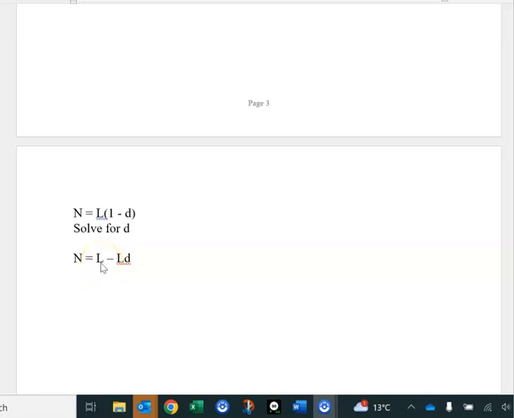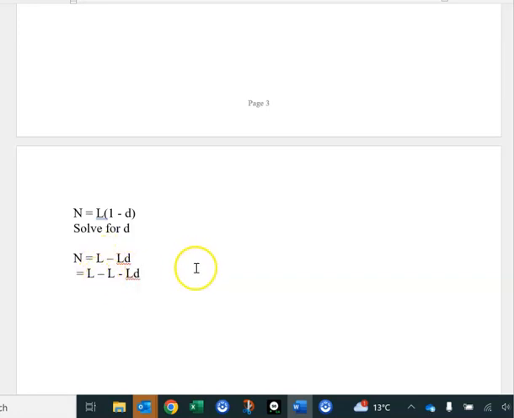So to get rid of the L, I'll start with that side. We've got an L, so we need to subtract an L. And then we have the Ld. So again, we're trying to put the L on the left-hand side, so we need to subtract it from the right-hand side because it's a positive L.